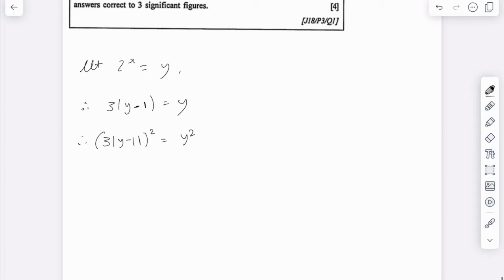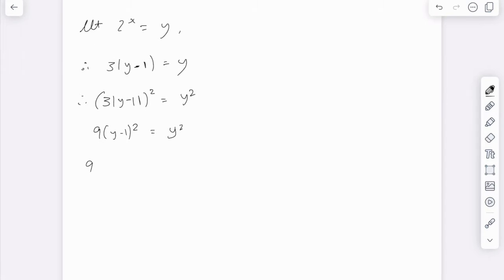Okay, so 9 times (y minus 1) squared is equal to y squared. All right, so 9 times (y squared minus 2y plus 1) is equal to y squared.